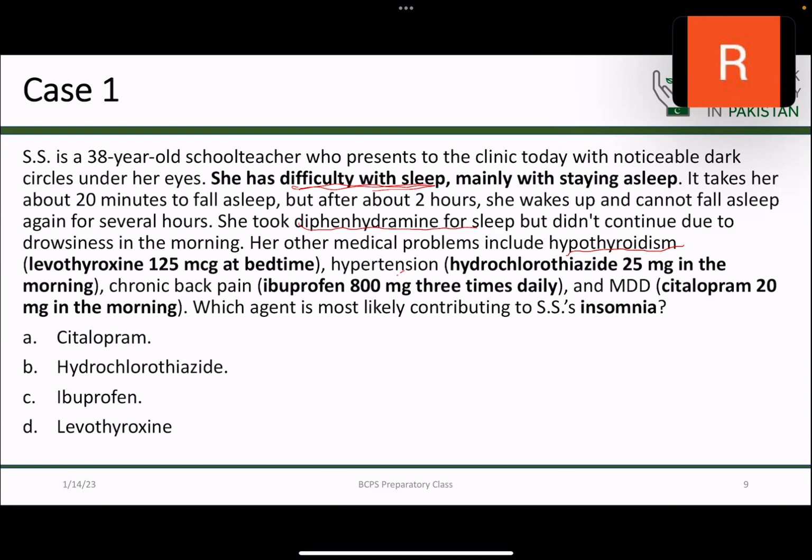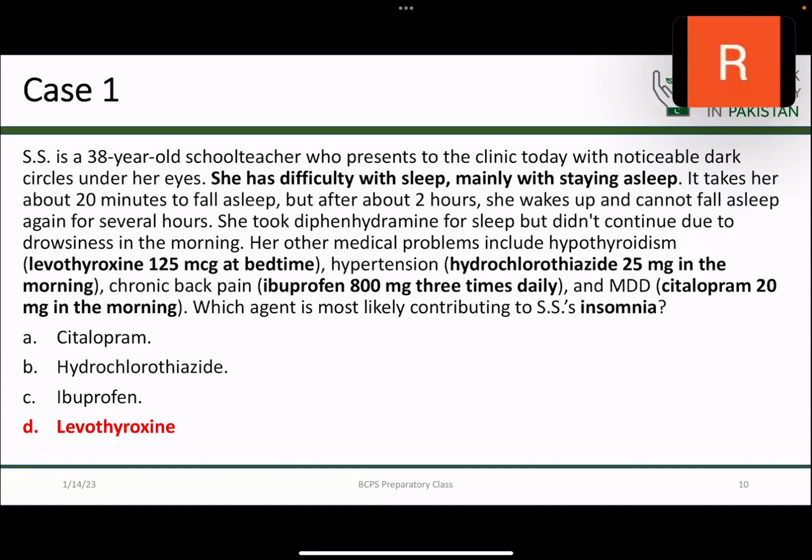We will pause for a while and then we will discuss. I cannot see your responses, but I assume you have come up with the right answer, which is levothyroxine. Why levothyroxine? Because we already discussed that when you treat a patient for hypothyroidism, the patient can undergo a hyperthyroid state.